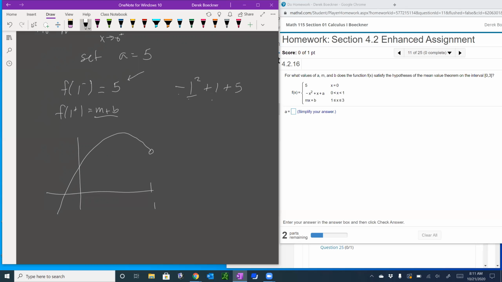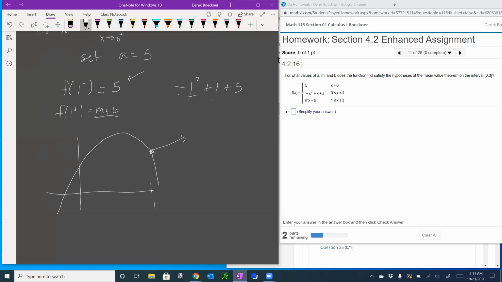Okay, continuity says that we actually filled in the hole. So if I can make it continuous, I fill in the hole. And then on the right, I have a line. For it to be differentiable, that's not going to work because I get a corner.